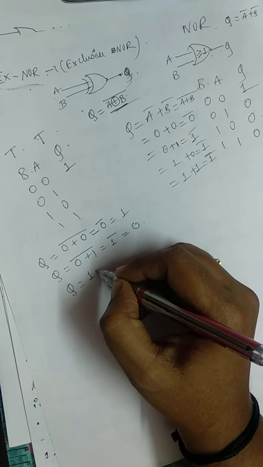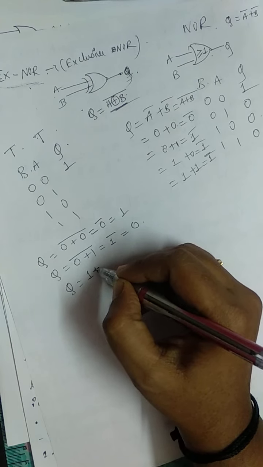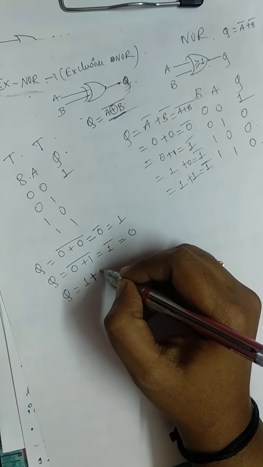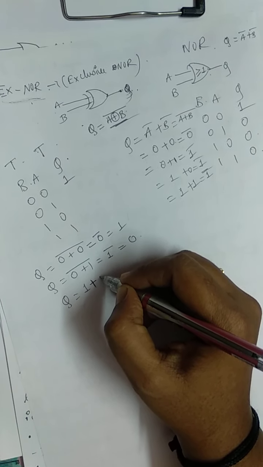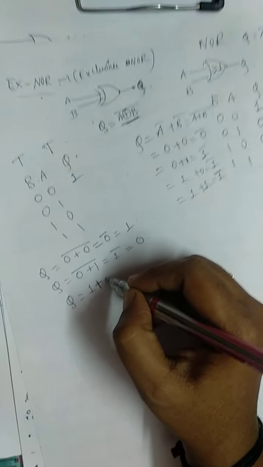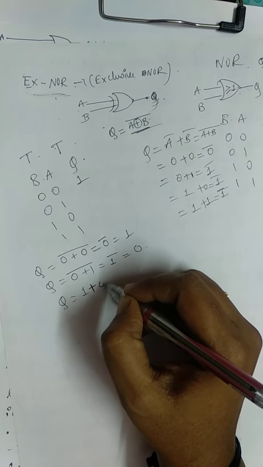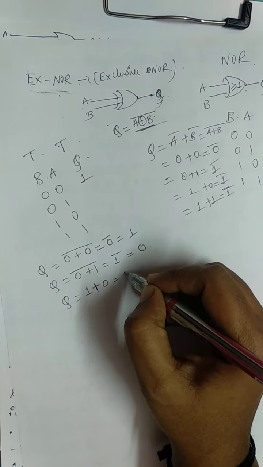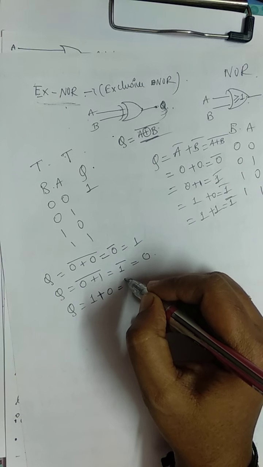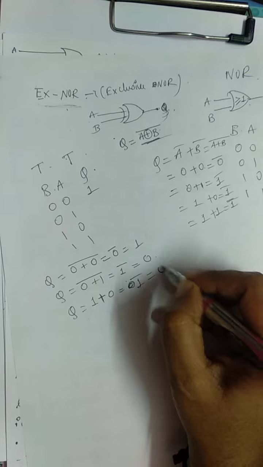So next is what? 1 plus 0 will become 1, so bar of 1 is 0. And 1 plus 1 is 1, bar of 1 is 0.